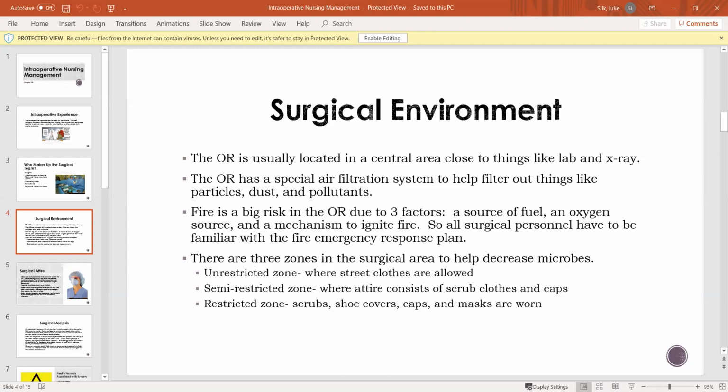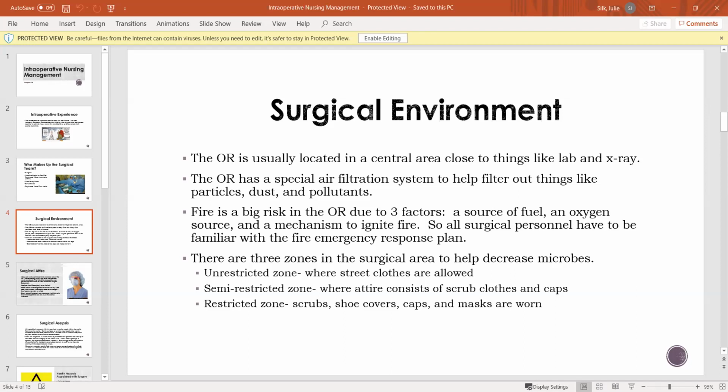When we talk about the restricted zone, now you have to have everything on: the scrubs, the shoe covers, the caps, masks, the whole 9 yards. You have to wear all of that because you're right where the OR is, basically. These are areas where unwrapped sterile supplies are provided and procedures are carried out.